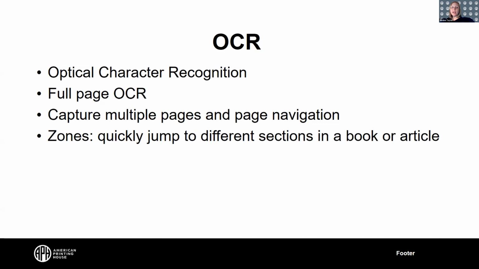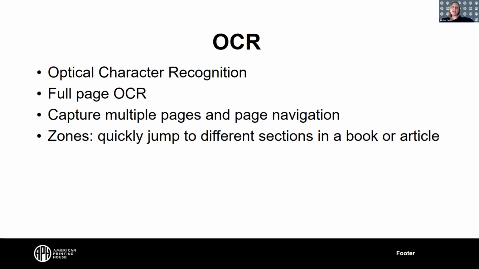You can do multiple page captures and navigate through the different pages of your document with page navigation. Once you take that capture, it automatically finds the different zones in that document.